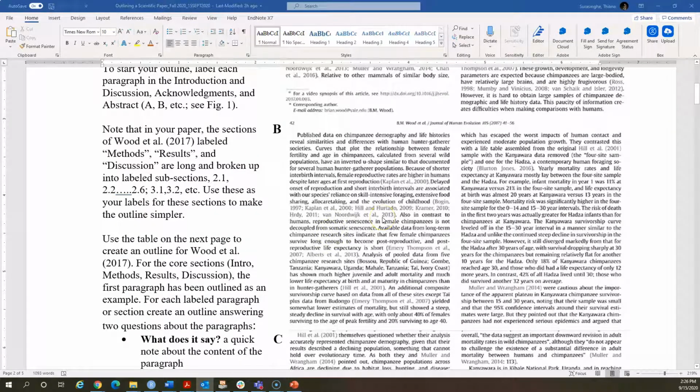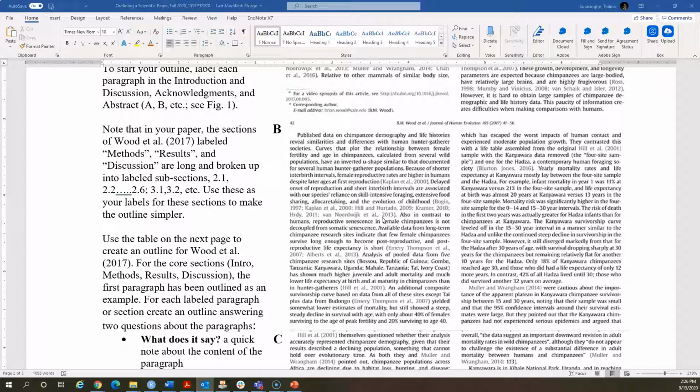Now, note that in your paper, the sections of Wood et al. labeled methods, results, and discussion are long and broken into labeled subsections. Like, intro is just one section, but if you go to methods, you're going to see 2.1, 2.2, and so on, right?